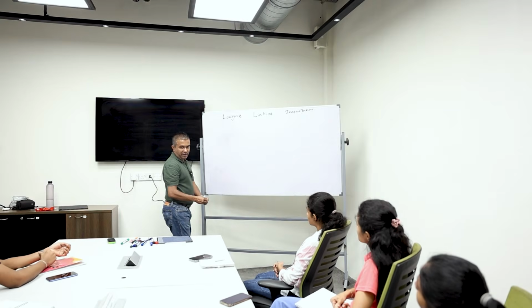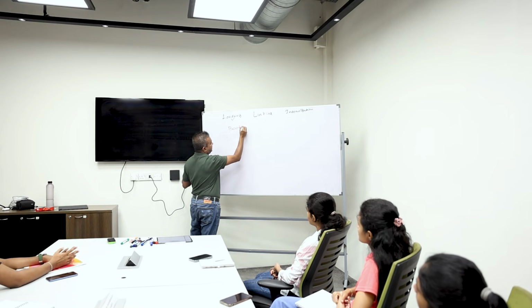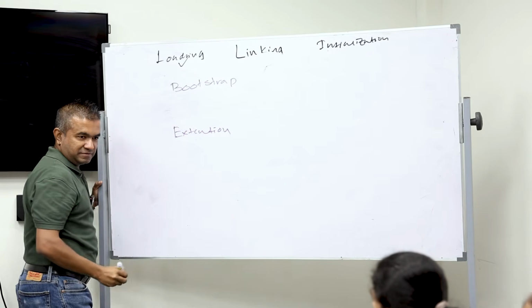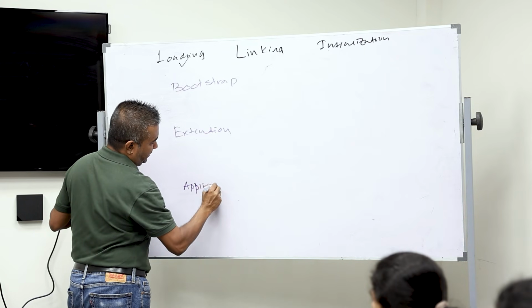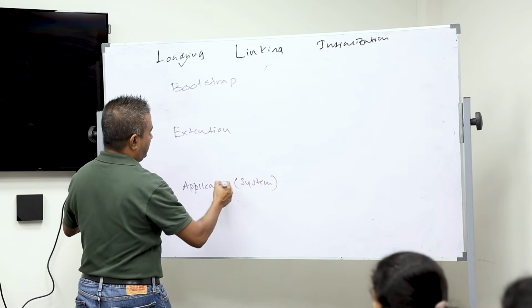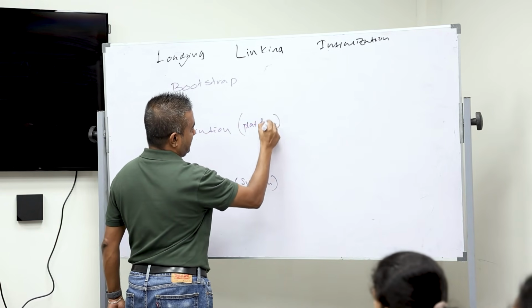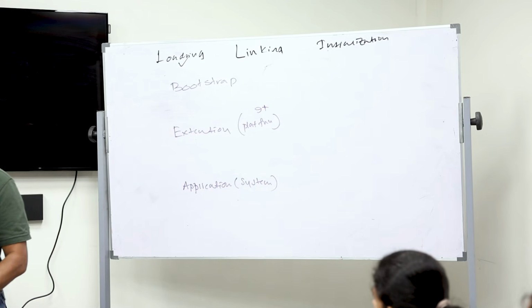What are the class loaders we have? Bootstrap, extension, and then application. Application is also known as system, and after Java 9, this is known as the platform class loader.